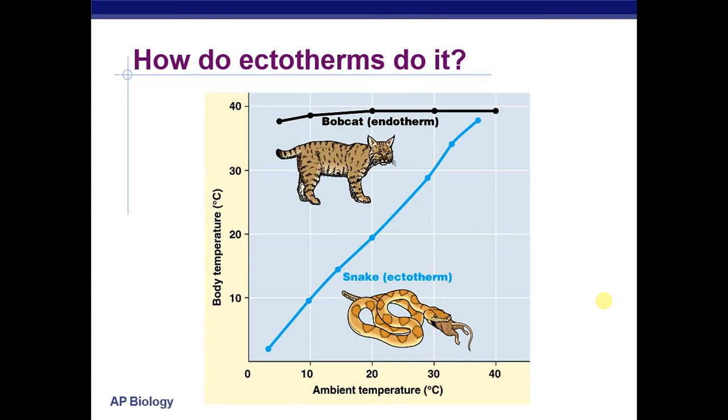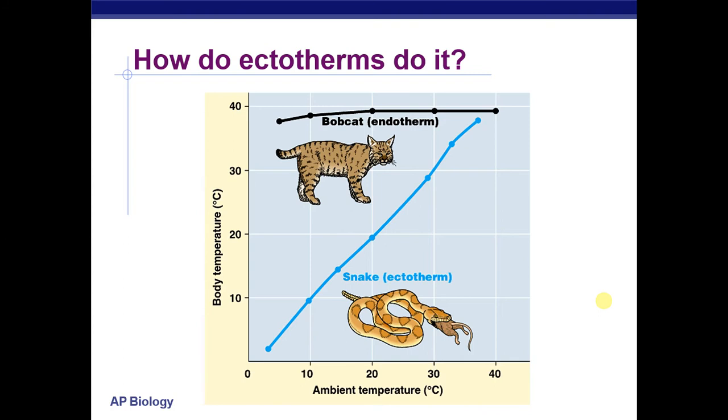One of the questions that a lot of people might ask, though, is how do cold-blooded animals do it? Warm-blooded animals like ourselves, endotherms, are able to keep their body temperature constant. And so those enzymes can stay at their optimal temperature since our bodies stay pretty much at the same temperature all the time.